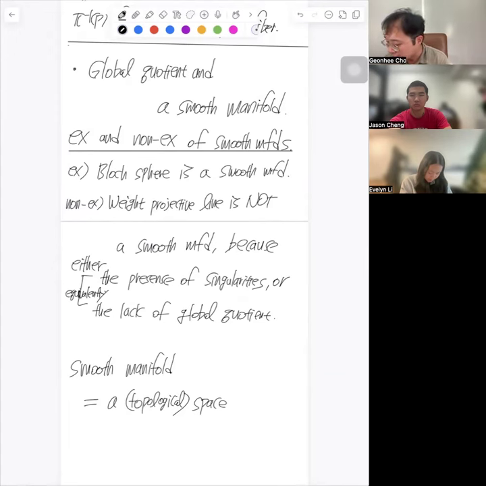A topological space, locally the same as Euclidean space. Let me explain what this means.